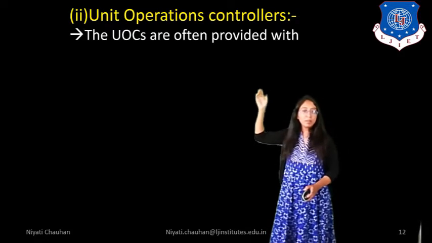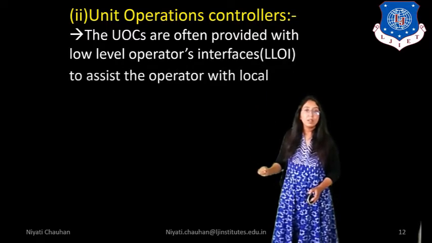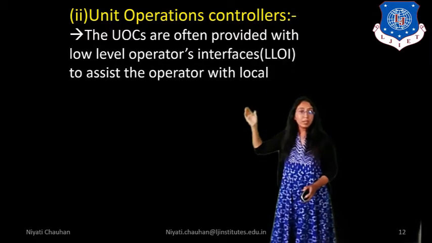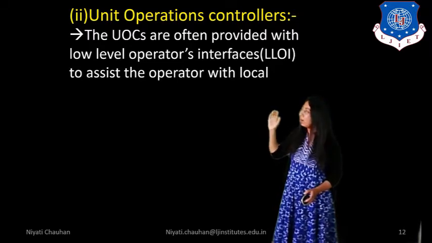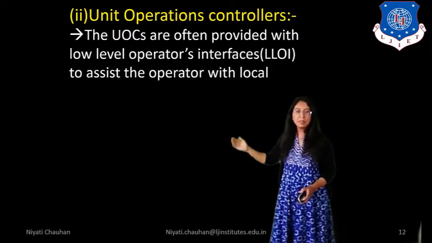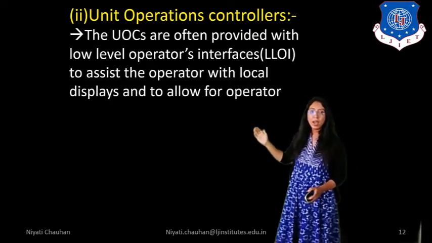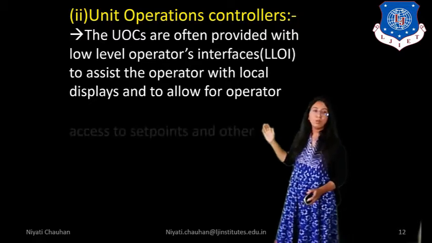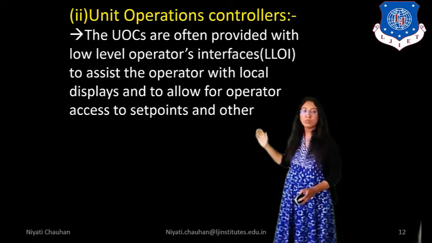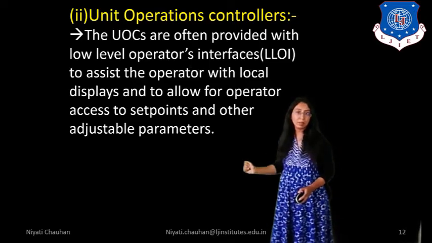The unit operations controllers are often provided with the low-level operators interface, that is the LLOI, to assist the operator with local display and to allow operator access to set point and other adjustment parameters.